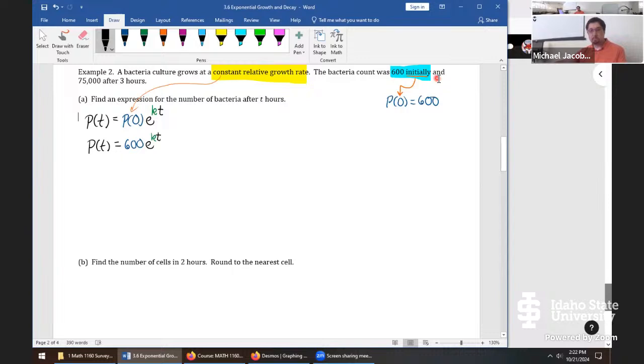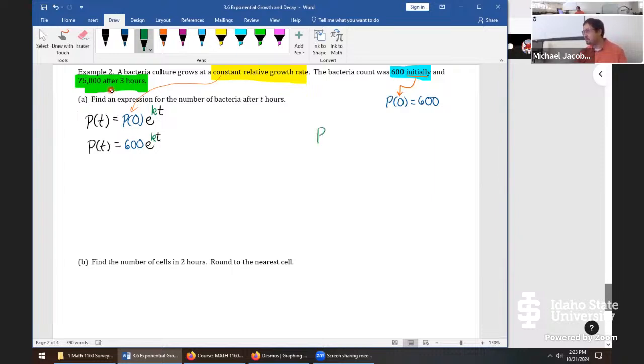Let's see, we got up to this part of the reading. Bacteria count was 600 initially and 750 after 3 hours. Let's highlight that one in green because that second piece of information is what's going to help us get the value of k, the growth rate of the model. We just have to put it into our own language. When you see this information, just rewrite it in function notation.